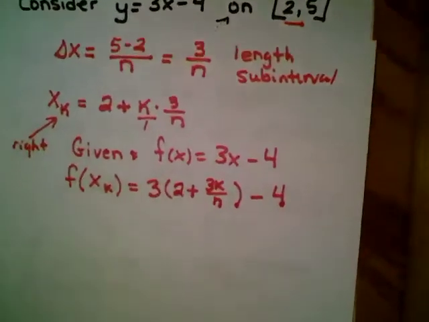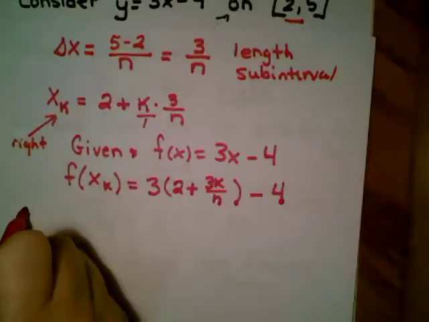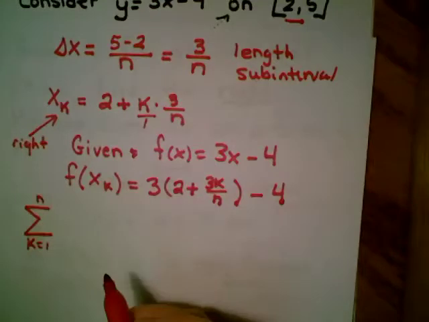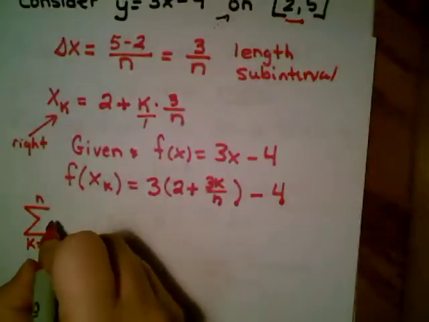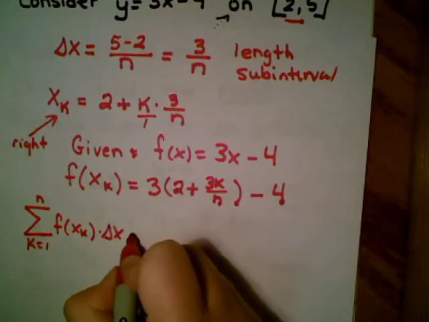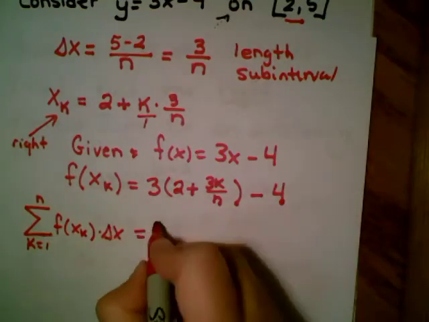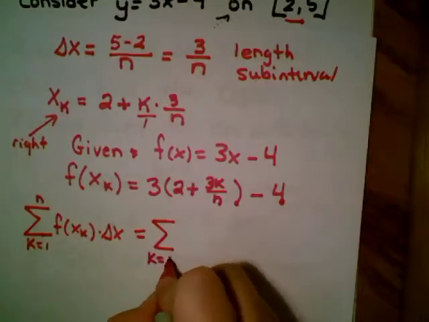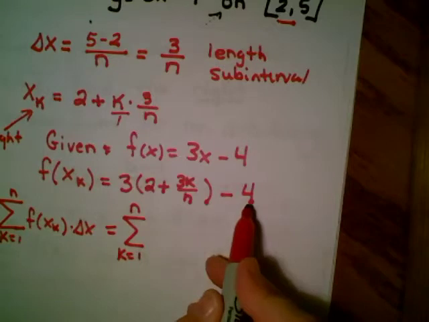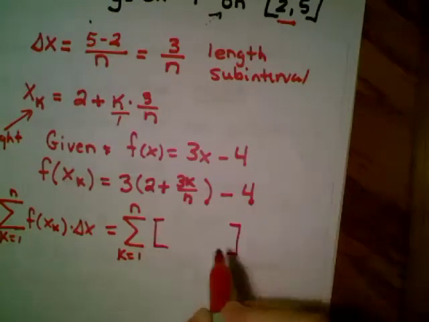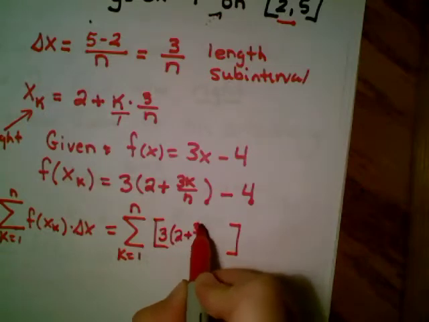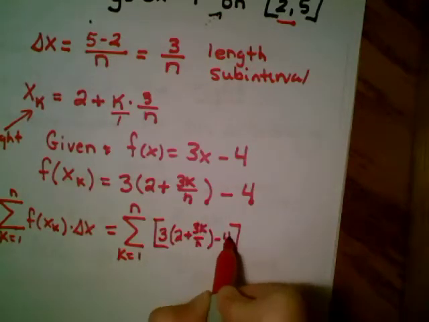And now we have everything we need to write down summation notation for a right Riemann sum. Again, that's going to be f of x sub k times delta x. So we have the sum k equals 1 to n, and we look up here. We need 3 times the sum, minus 4.